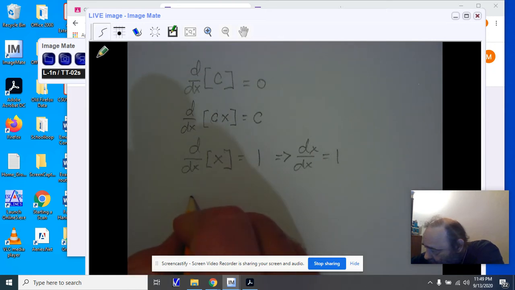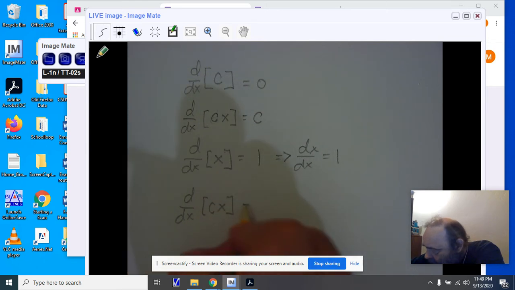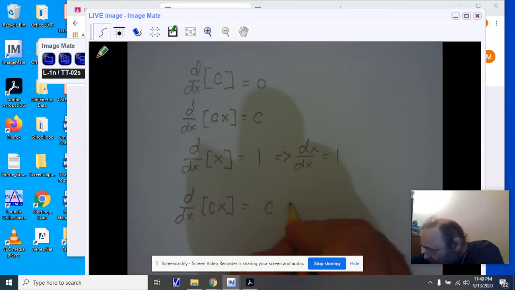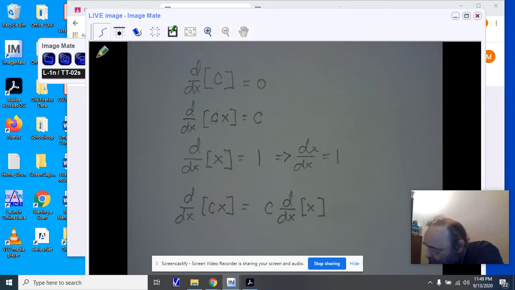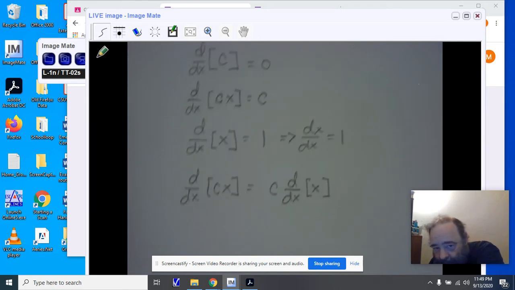Then we have the rule that says if we have a constant in front, we can move that constant out of our derivative in order to find it. Okay.